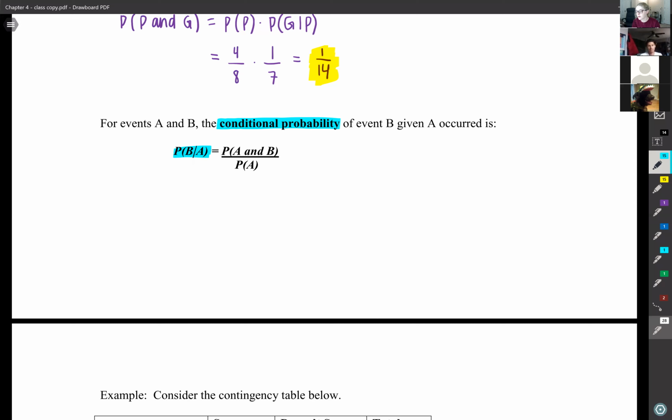So this is just another one. It's a conditional probability formula. So whenever you're asked a question like, what's the probability of this given that this occurs? Conditional probability. So anytime, I think the key word is really given, or, if you see what's the probability of this when this happened before it, conditional probability.